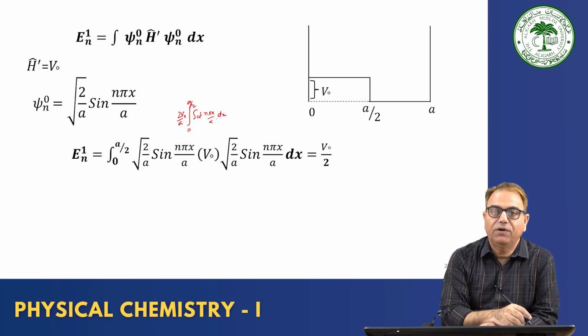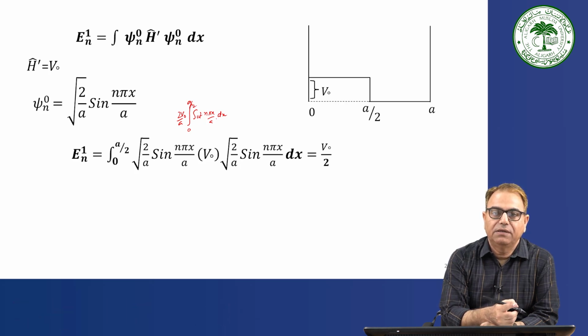And this integral you have already done when you did the normalization of the derived wave function for a particle in a one-dimensional box. How did you do it? You write 1 minus cos 2n pi x divided by a.